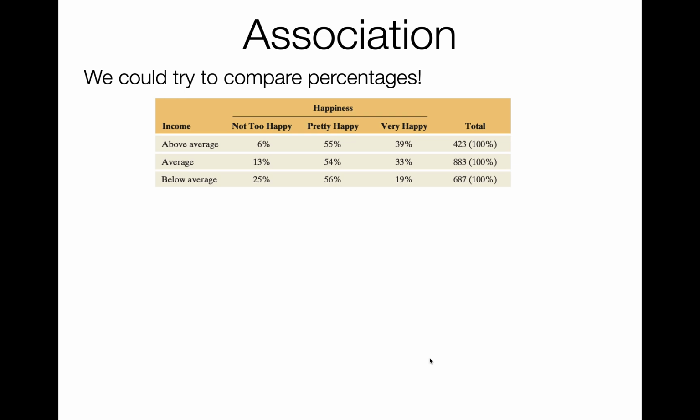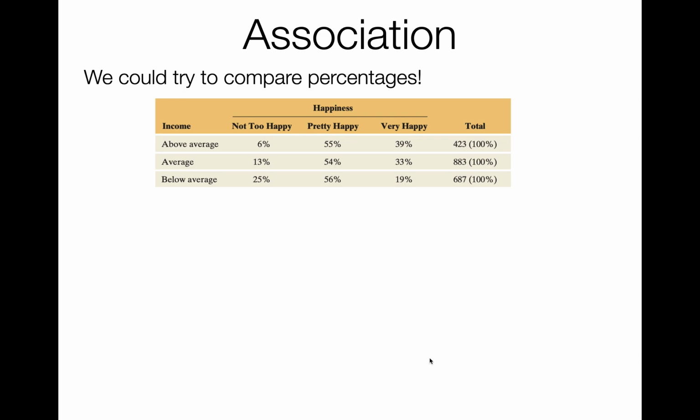It might be a small one, but I think you can see a pattern that, especially for below average people, there are a much smaller percentage that are very happy as compared to above average and average.